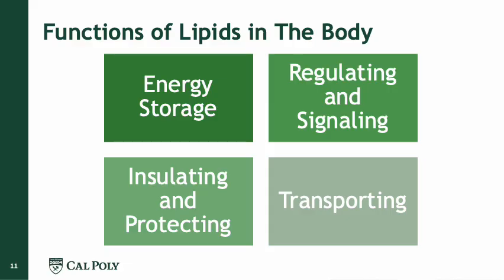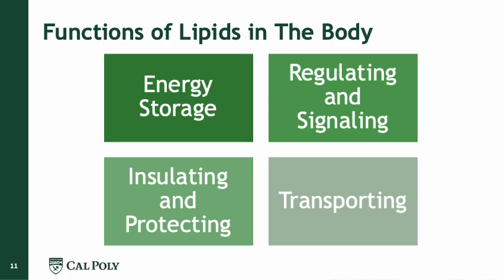They help in regulating the passage of different types of molecules, and also in signaling, for example in the case of hormones. They are precursors of hormones, and hormones are very important in many functions in our body.